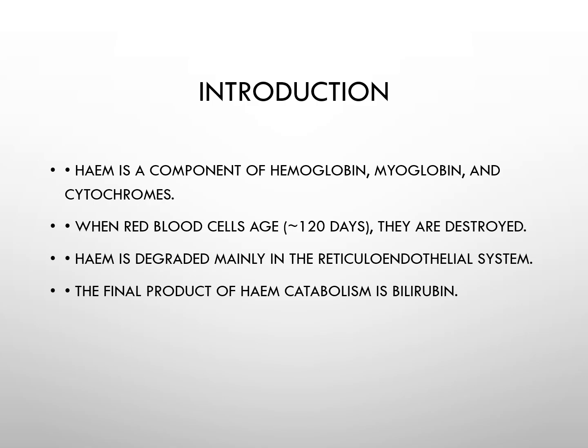This hemoglobin is broken down into heme and globin. The heme is the iron-containing part and the globin is the protein part. The heme is degraded mainly in the reticuloendothelial system, which is mainly the spleen, liver, and the bone marrow. The final product formed out of heme catabolism is bilirubin.